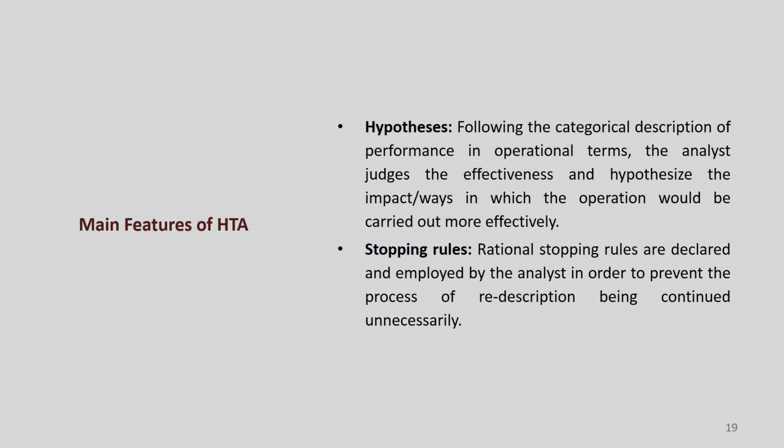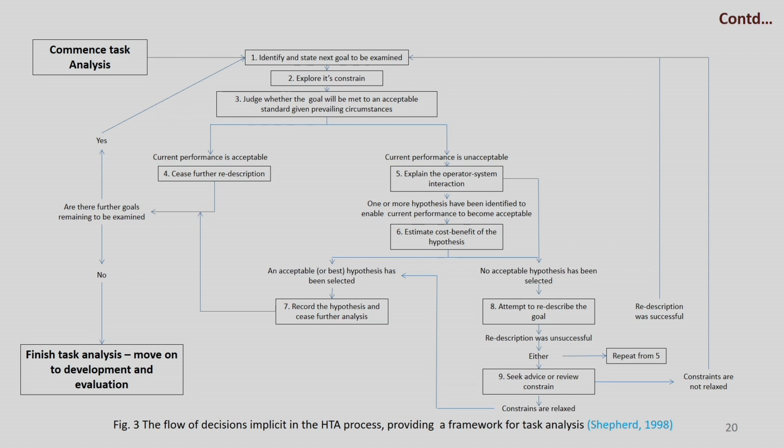Also, it helps to define your stopping rules. Stopping rules means where exactly you need to complete your task or give a full stop. So, it helps to take a rational decision about where the whole task can have a pause. So, these are the main features of hierarchical task analysis.